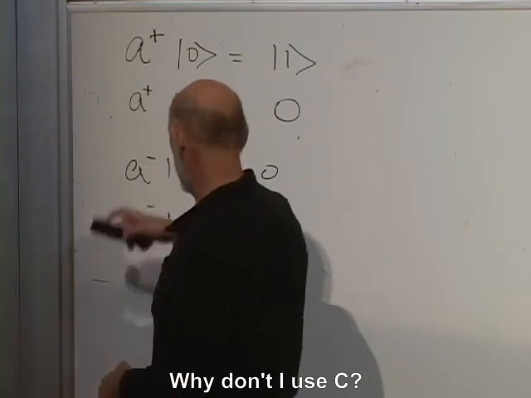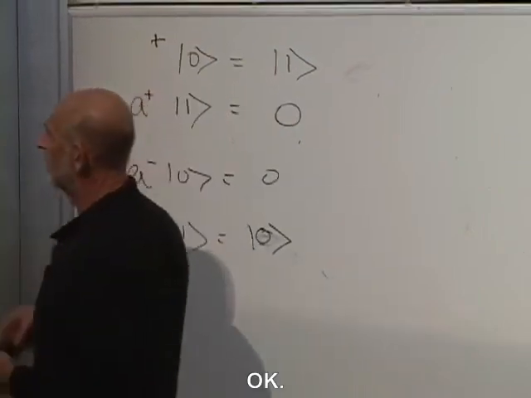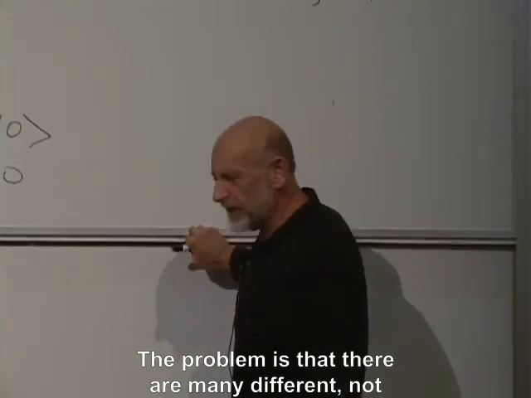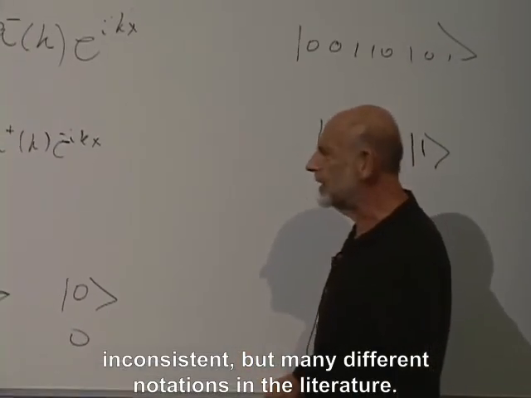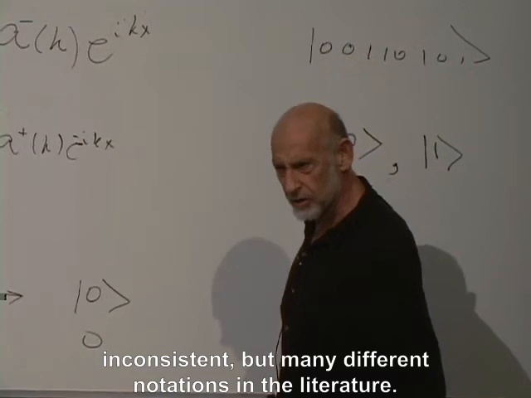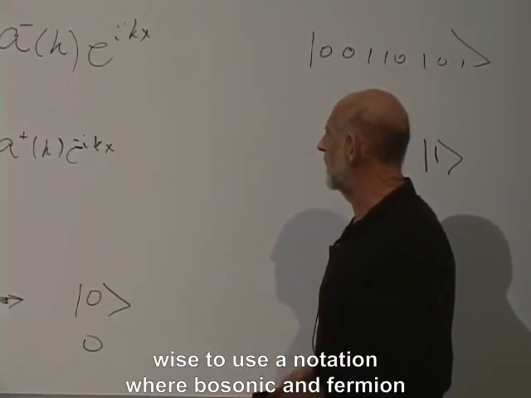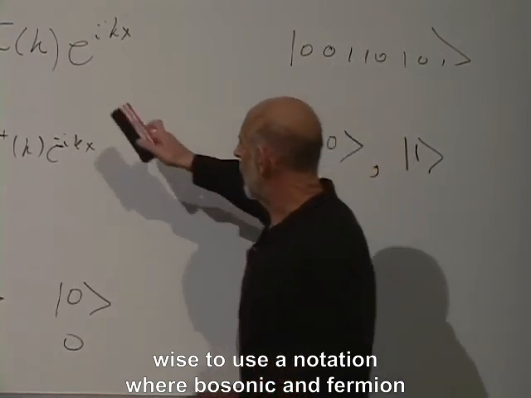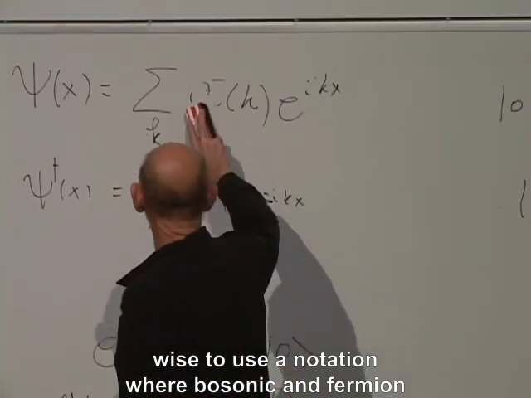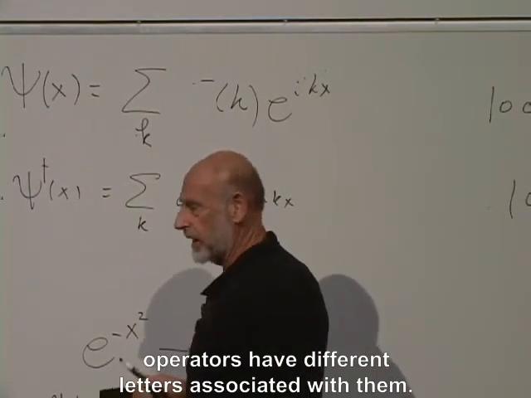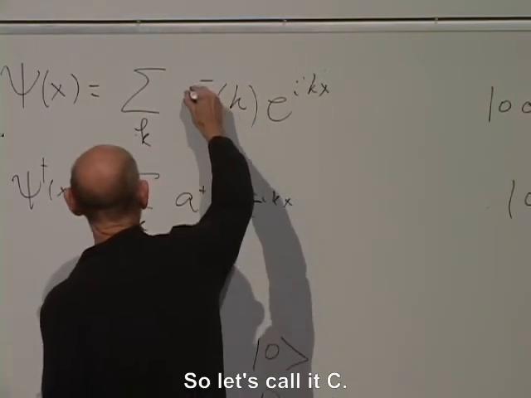Why don't I use C? The problem is that there are many different, not inconsistent, but many different notations in the literature. And for us, we are probably wise to use a notation where bosonic and fermionic operators have different letters associated with them. So let's call this C.